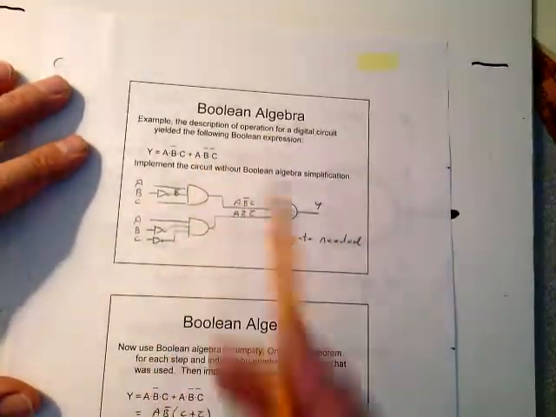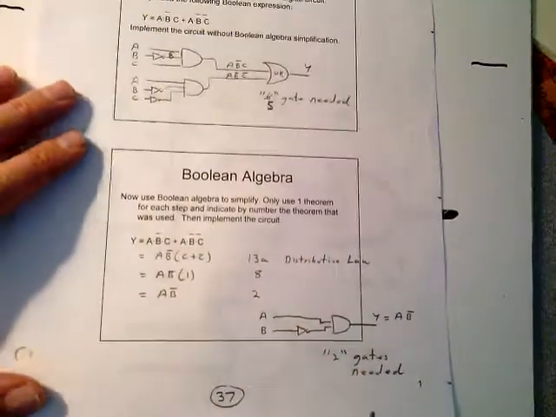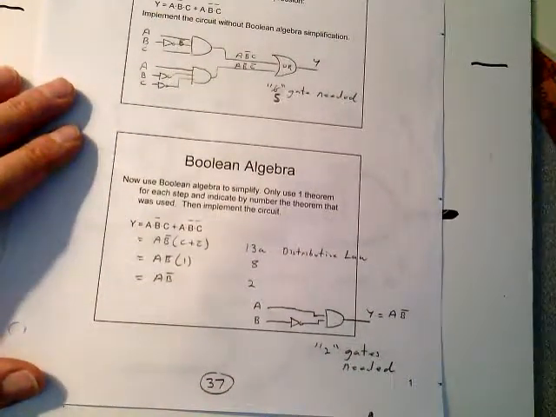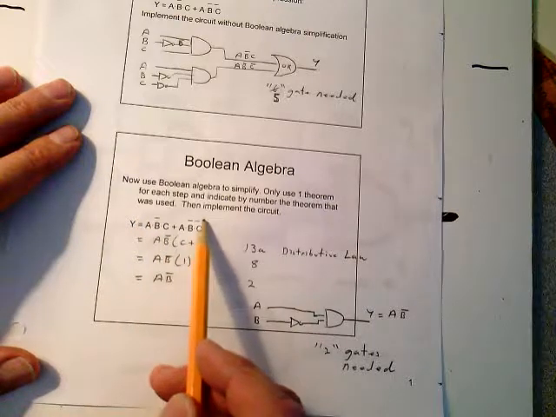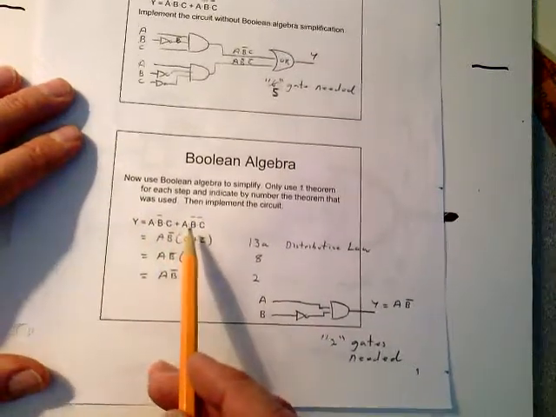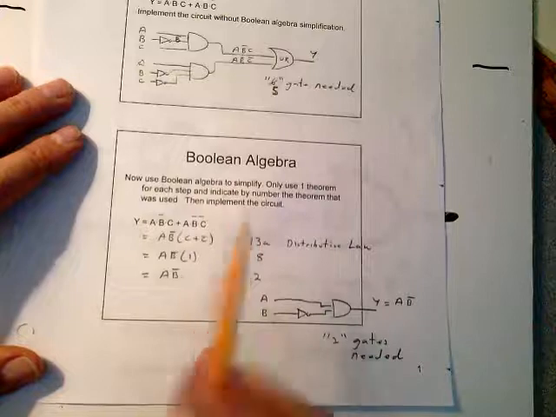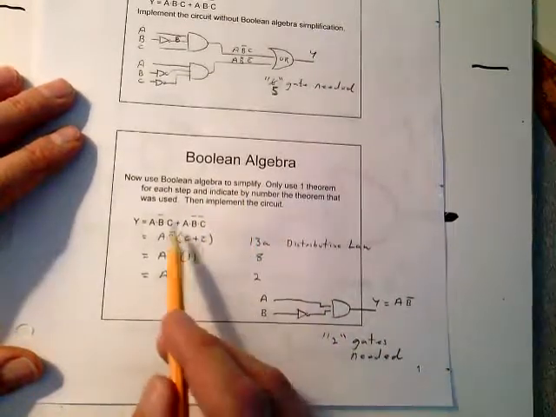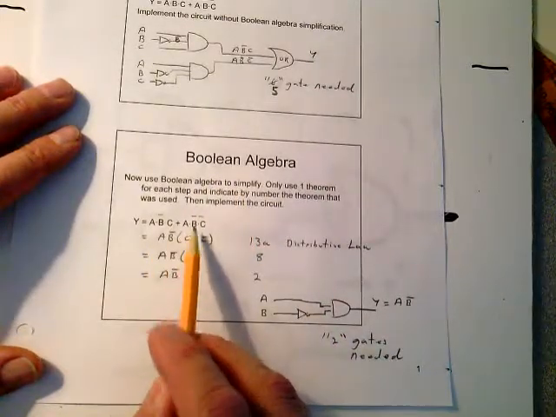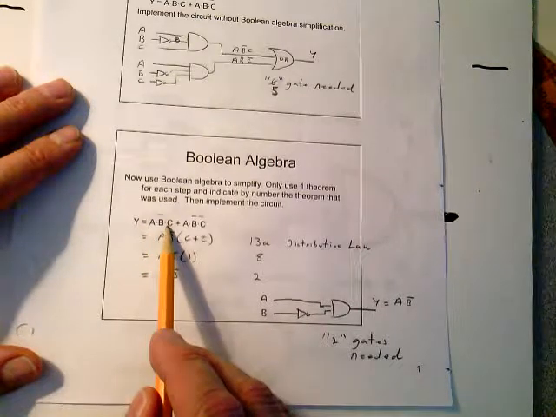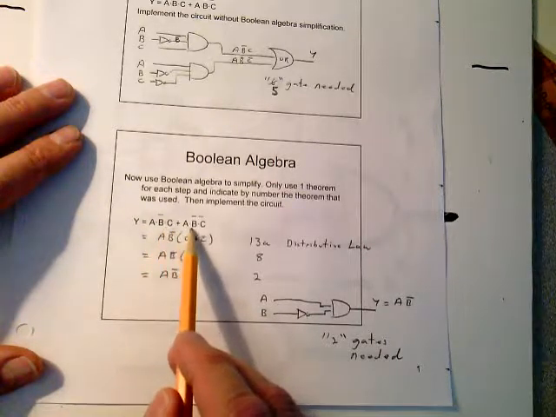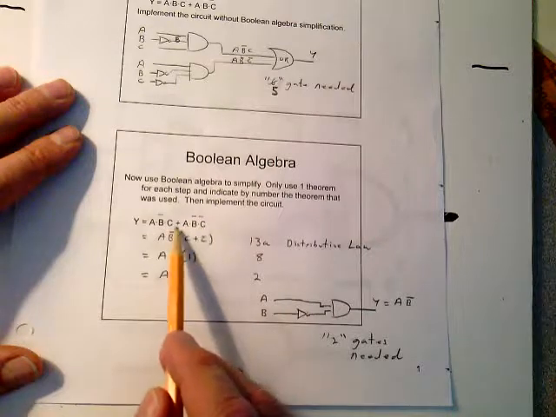You can look here, you can look there. Down here, what about this example? How many gates does it take to implement this expression? Make sure you try this on your own. You might want to stop the video and run through this. Well, it takes one 3-input AND, another 3-input AND, and an output OR.